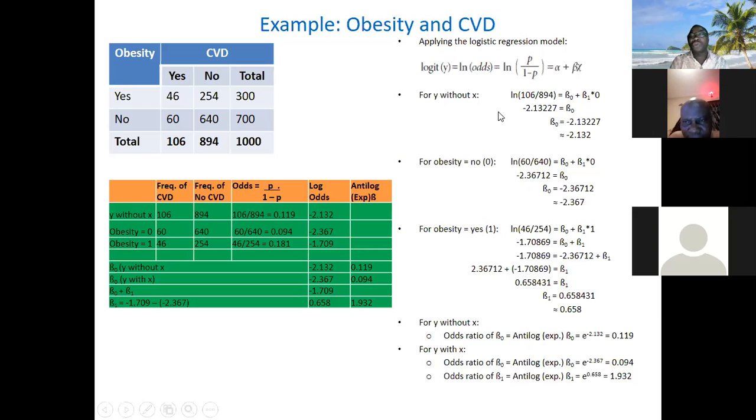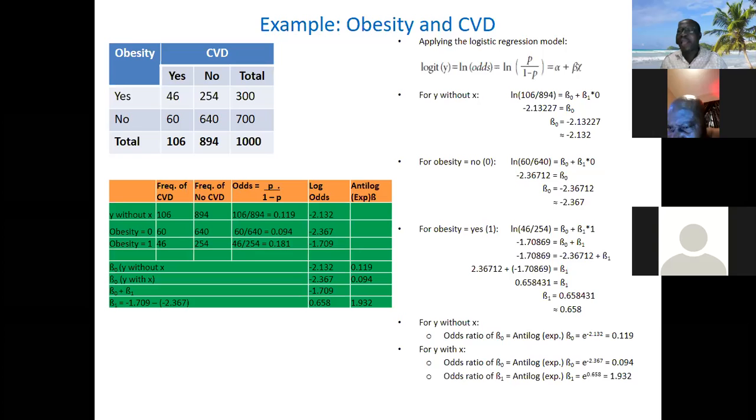So y is supposed to be on the right side if it were to be linear. But because it's a link function, you cannot use y directly.